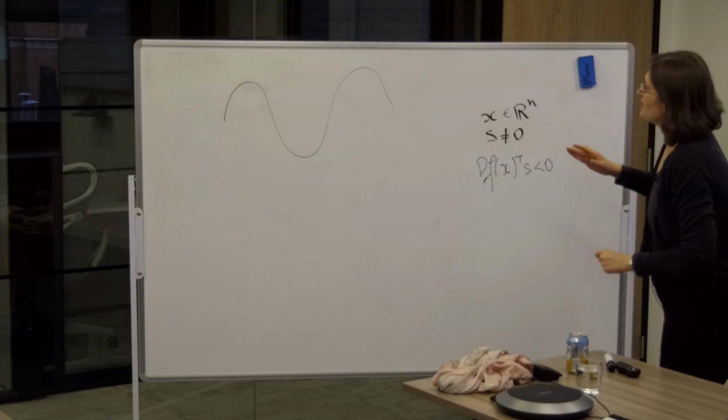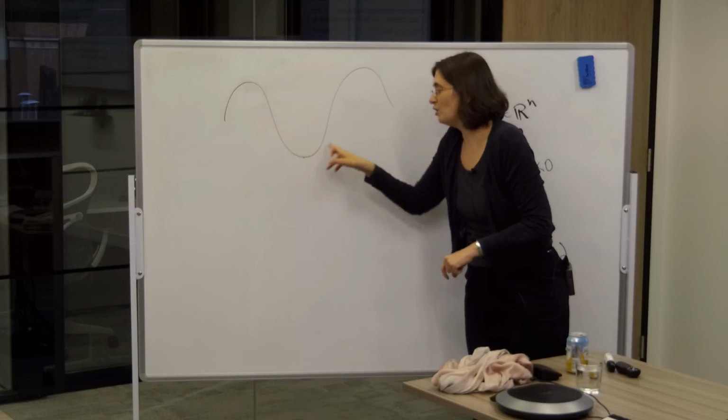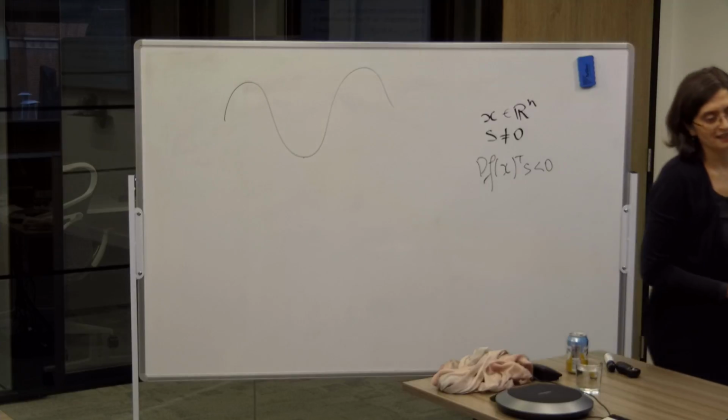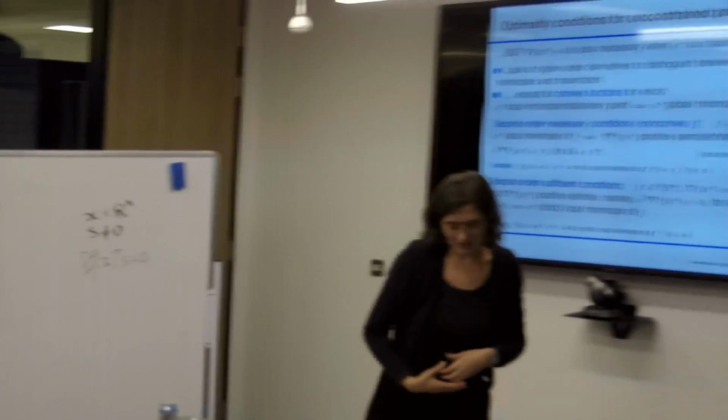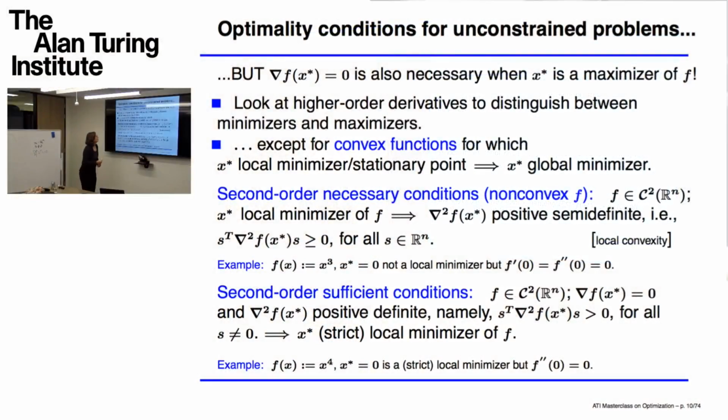So essentially, I have to have some kind of notion of local convexity to guarantee that I have a minimizer. But I can ascertain this kind of local convexity by looking at second derivatives, right?